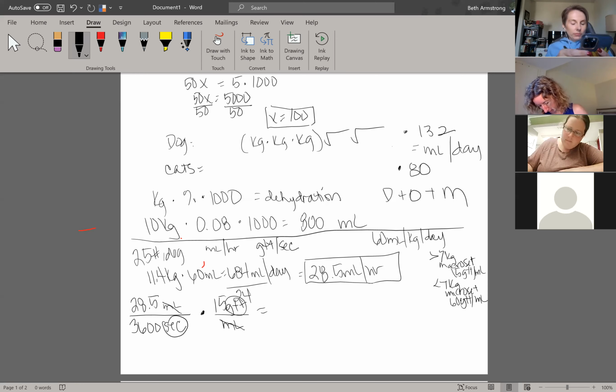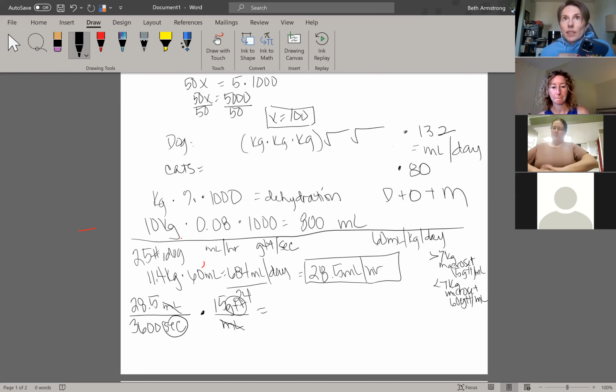Is the micro set the one that has 60 drops? Yes, micro set is 60. Your macro set is 15 unless it says otherwise. Sometimes you'll run into ones that have 10 or 20, but the normal ones are 15.